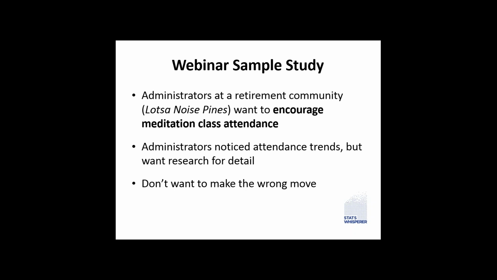They don't want to do things to encourage attendance that aren't supported empirically, so they're kind of conservative administrators, right? They don't want to make the wrong move. The wrong move's costly, right? You may have to either make another move or go back to the way things were, right? So, a conservative approach.